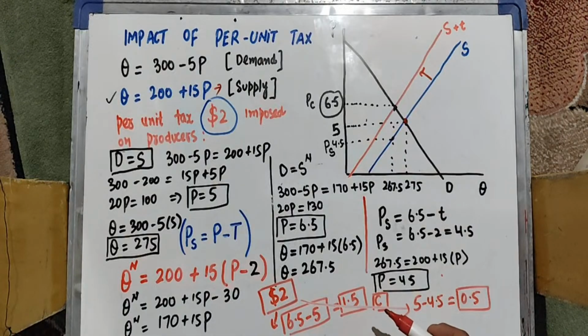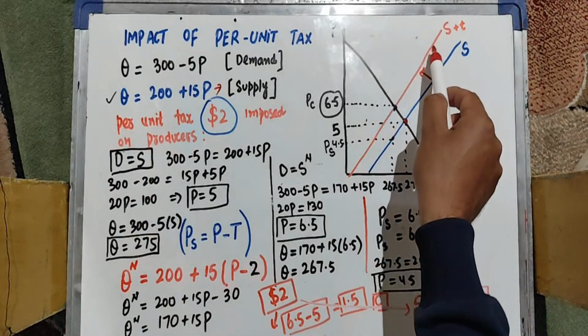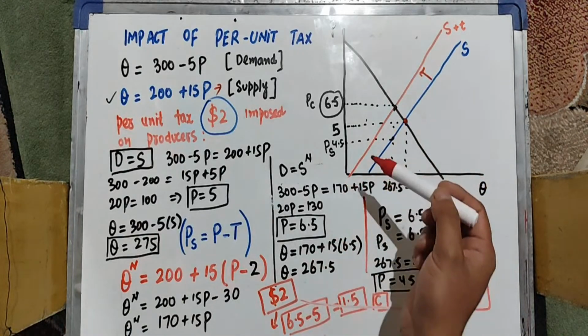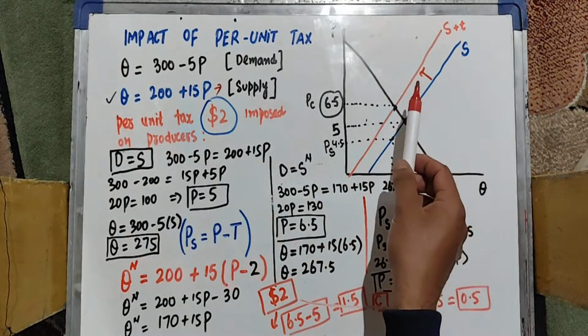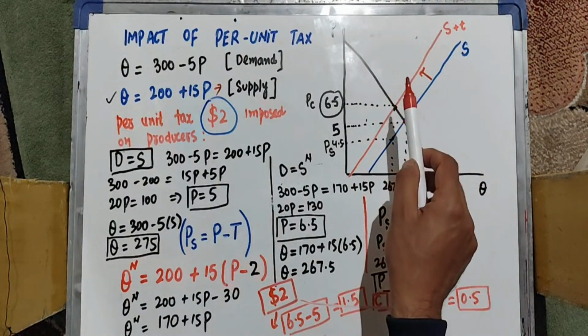The new supply equation that we just found shows us the tax revenue.